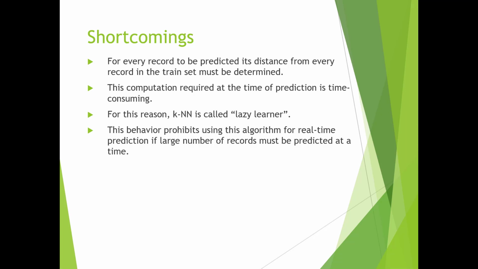So then it becomes problematic. That's why it's called a lazy learner. It takes time during production time. So that's the main reason why KNN is not a good idea if the turnaround time for prediction is very small. If you have to make decisions very fast, then this is not a method that is suitable.